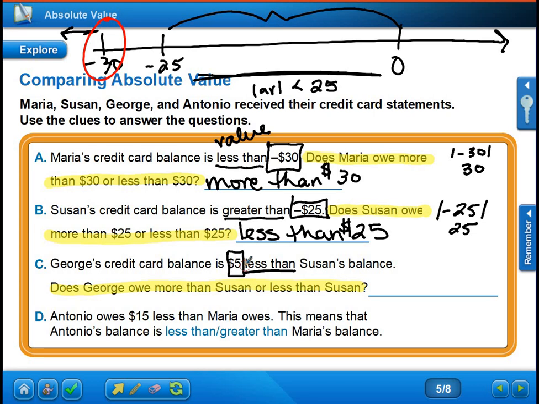So it's not that what he owes is less than, it's that his balance is 5 less than. So this negative 30, it has to be 5 less than that. Whatever is here has to be less than the negative 30.